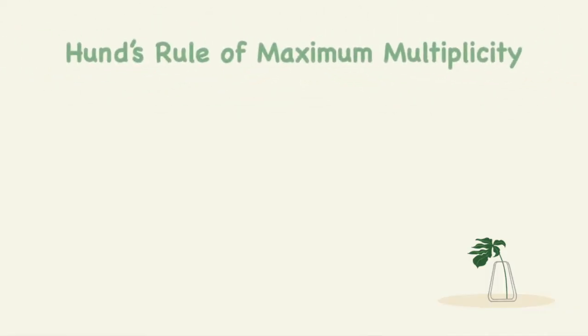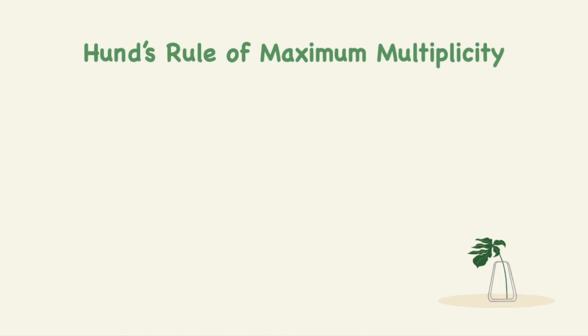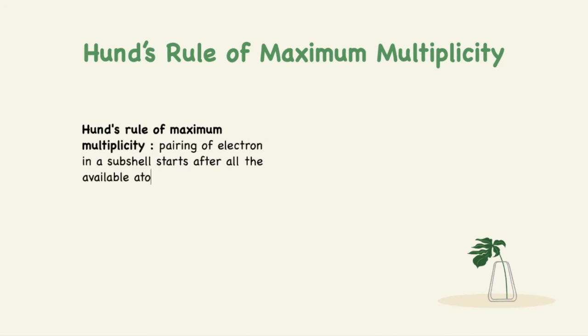The next is Hund's rule of maximum multiplicity. Do you notice how I put electrons in the orbital boxes before? Based on Hund's rule, we need to put electrons one by one in their subshell before pairing them, because pairing of electrons in a subshell starts only after all the available atomic orbitals in the subshell are half filled.